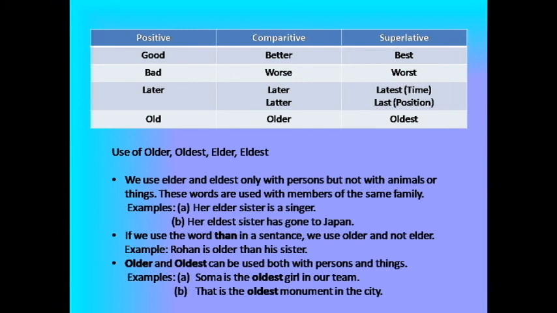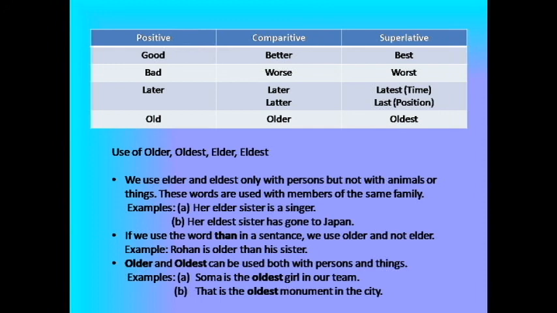The next example is old changes to older in the comparative case and oldest in the superlative case. Uses of older, oldest, elder and eldest. We use elder and eldest only with persons but not with animals or things.